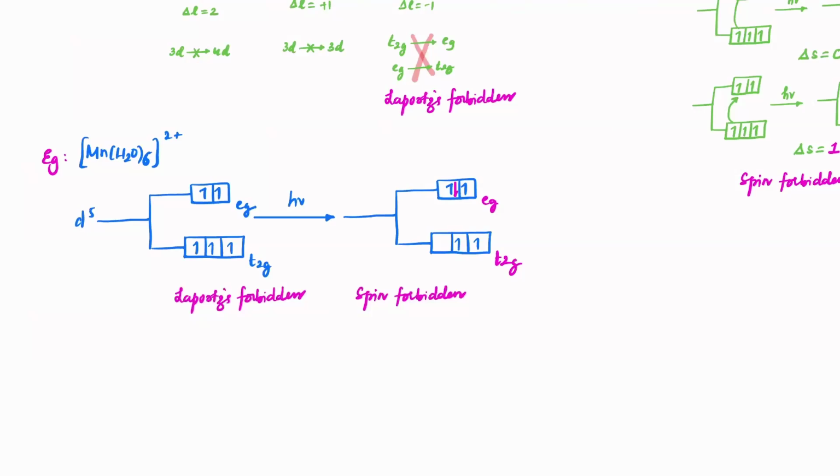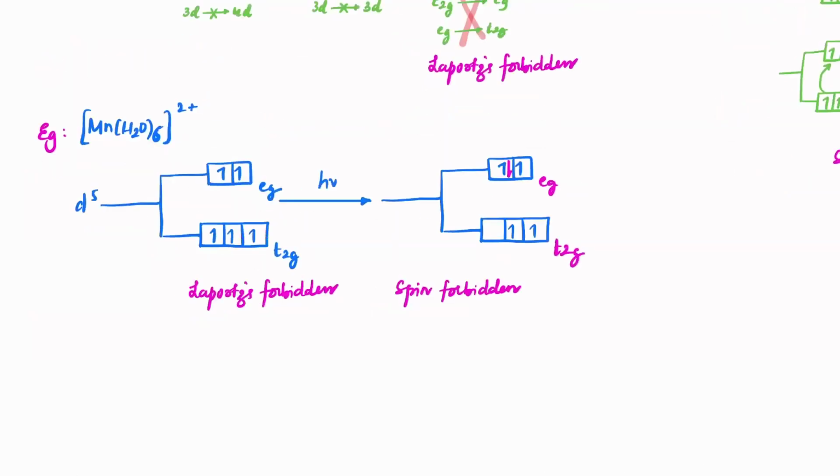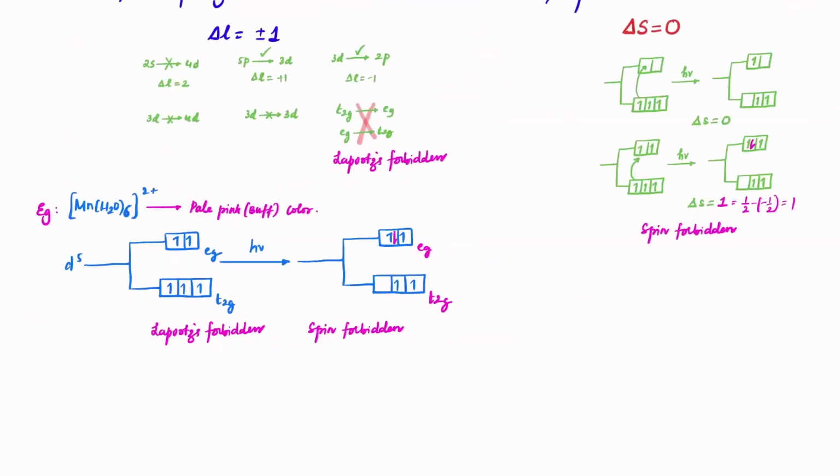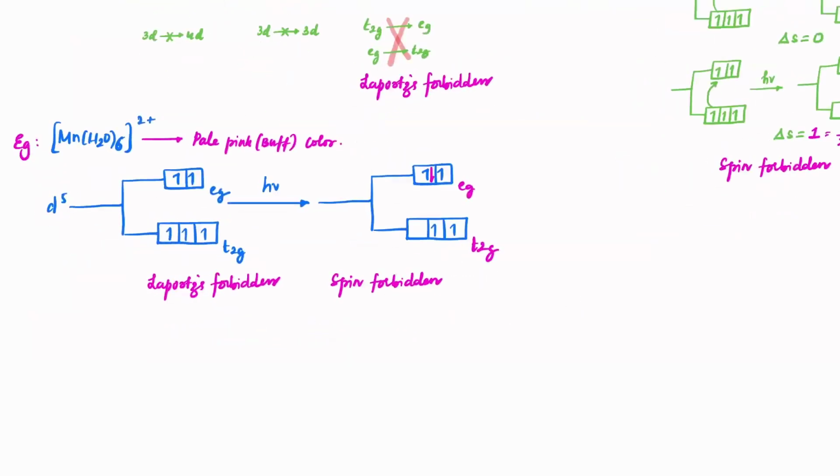That's the reason Mn 2+ is pale pink. Pale pink, or pink, is written in books as pale buff color. So the pale colors can be explained by both selection rules being forbidden.